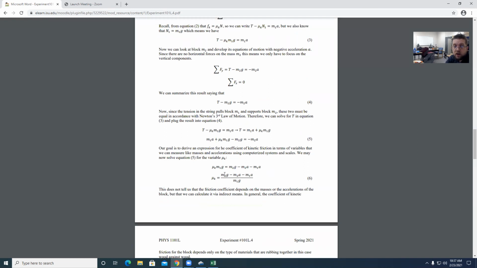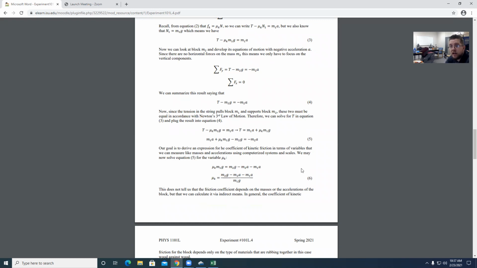So you'll plug in the value of M2, you'll plug in 9.8 here. The acceleration for each row will go here and here, and M1 again will go here, and g will go here, and it'll give you a nice round number for the coefficient of friction.